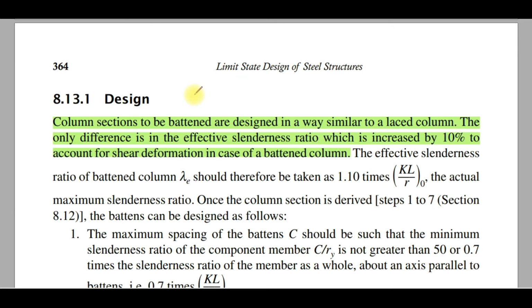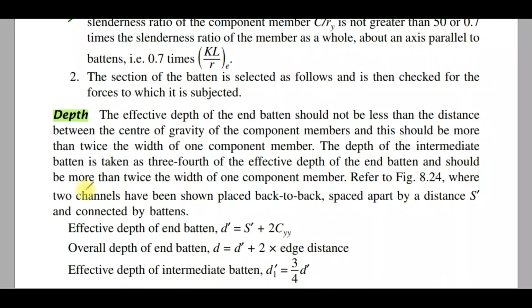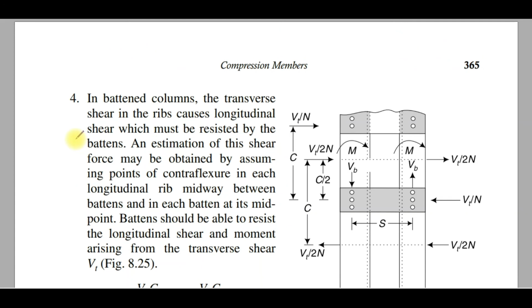Now in case of the batten system you have to increase the effective slenderness ratio by 10%, to account for the shear deformation in case of a batten column. You can read this from the book, and also you have to ensure this point number one for the batten system. And also another point mentioned here, you have to study these points for the batten column.